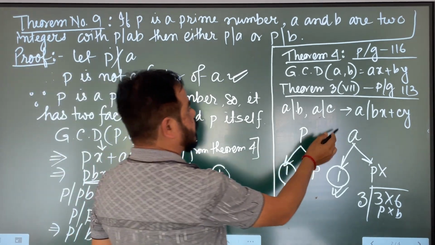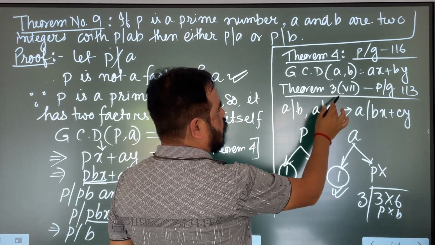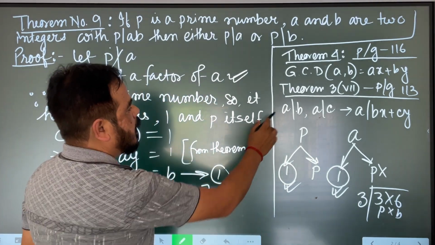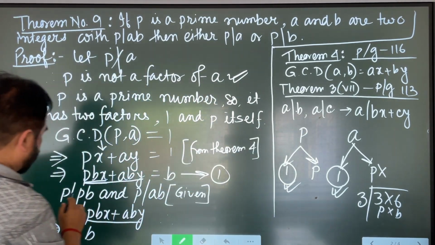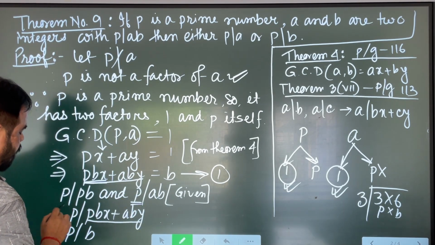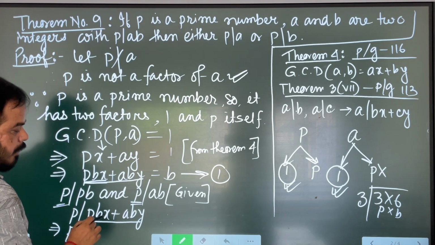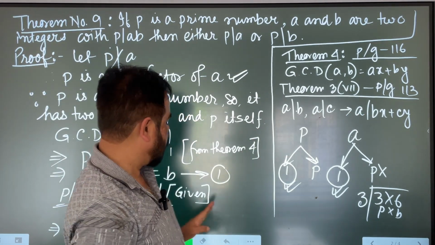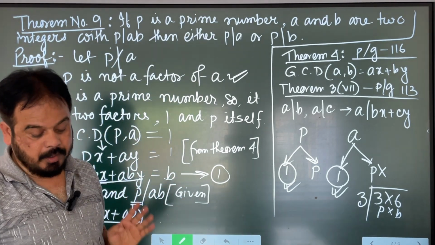I hope you understand the GCD part, which I already explained in previous classes. A divides B, A divides C, so P divides PB, P divides AB. With PB, x comes, with AB, y comes. I hope you have understood this clearly.